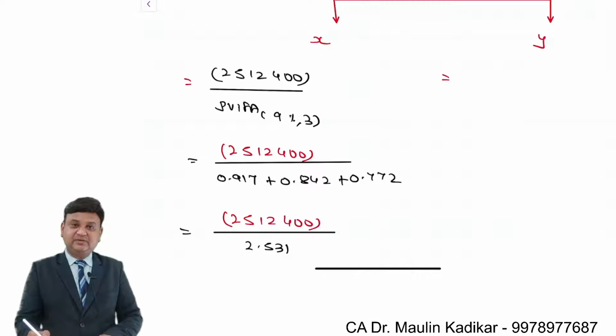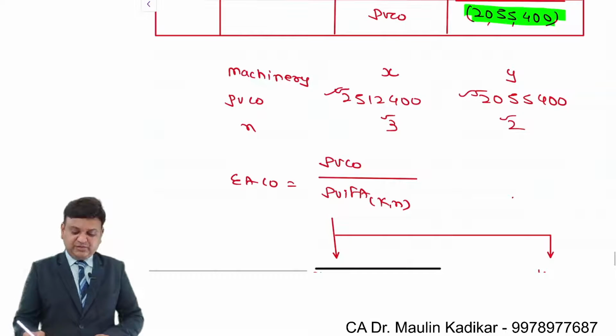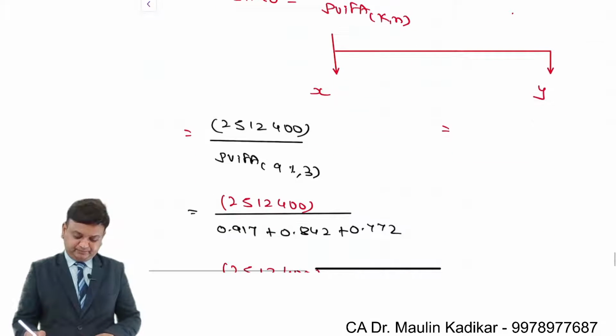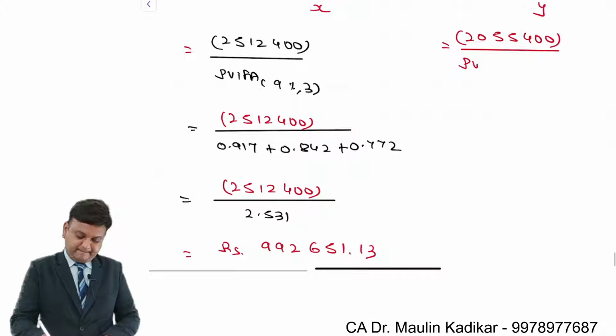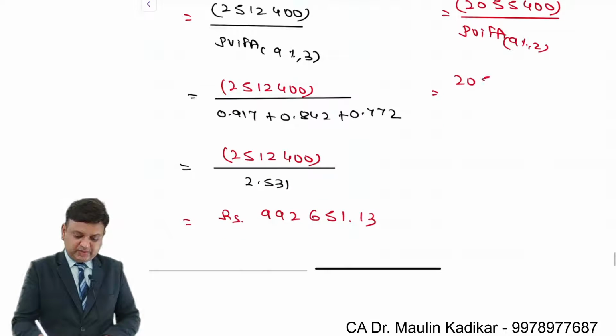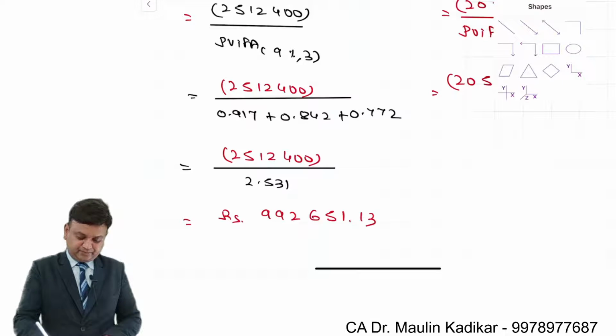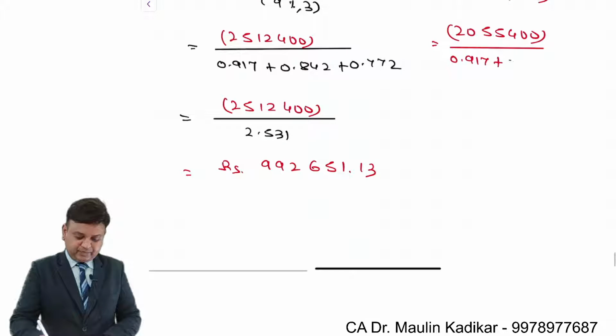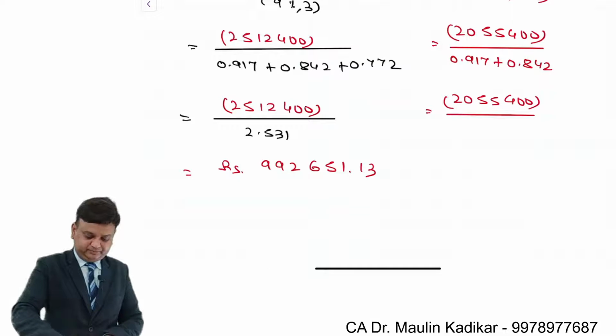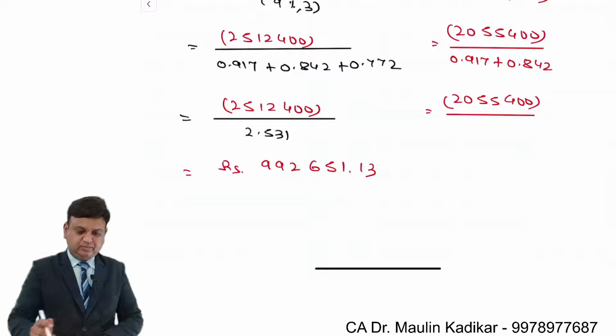For machinery Y, we will have the similar working. Present value of the cash outflow is 20,55,400, divided by PVIFA at the rate of 9% for 2 years. So 20,55,400 divided by first year factor 0.917 and second year factor 0.842, the summation of which is 1.759.